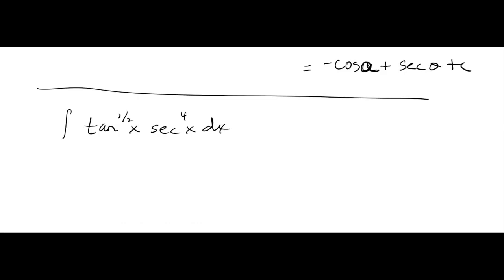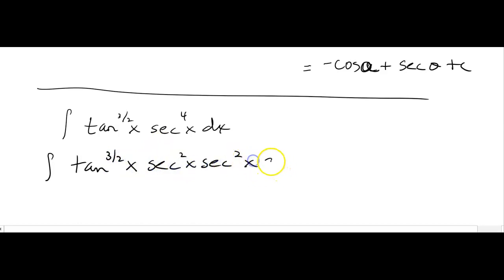The derivative of tan is secant squared. So it might be helpful in this problem to take secant to the 4th and turn it into secant squared x, secant squared x. That gives me a built-in du if u equals tan x.